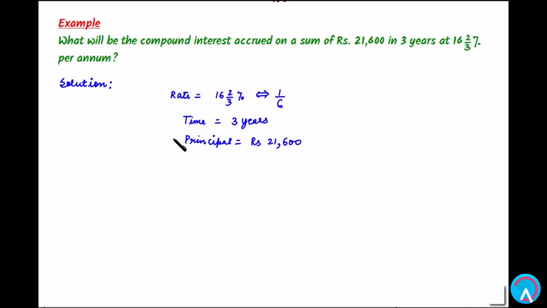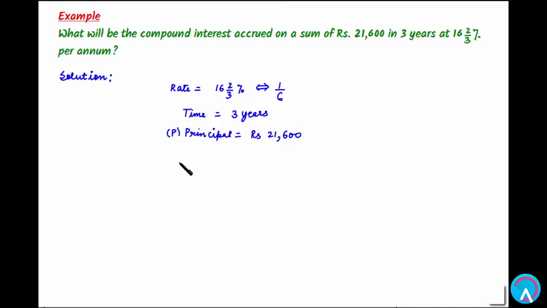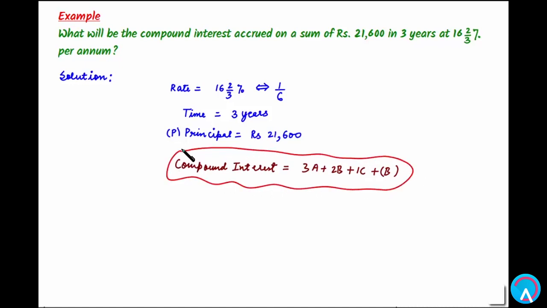We can call this P. According to the formula, compound interest will be equal to, so we have a new formula for compound interest which will be useful in competitive examinations, and this formula is 3A plus 2B plus 1C plus B. And this particular formula is used when the time period is equal to 3 years.